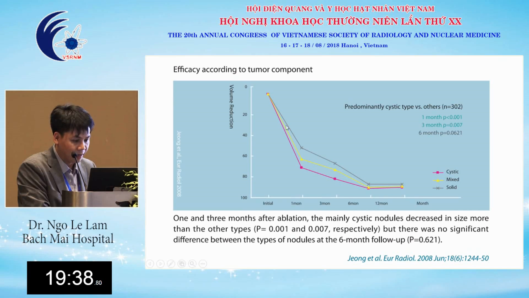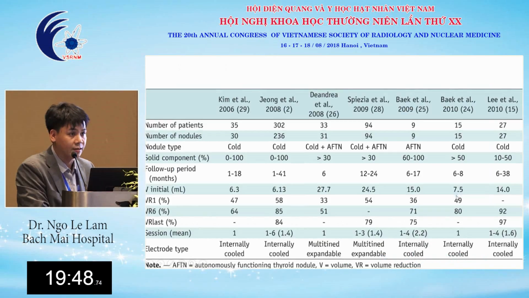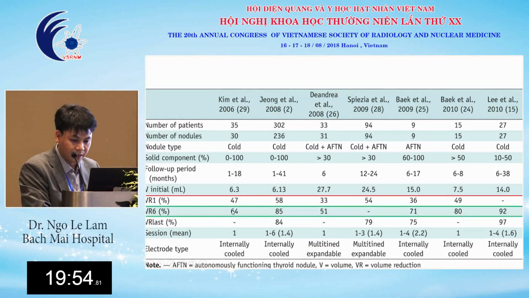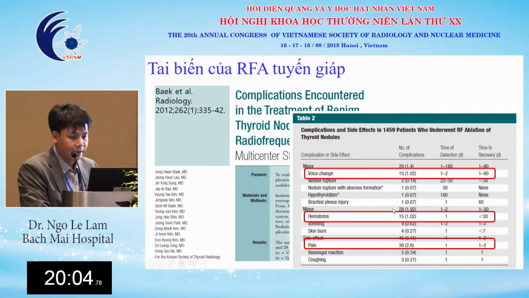We have 3 types of lesion: cystic, mixed, and solid. When you do the good indication and procedure, the lesion will be reduced gradually and normally significantly different after several months. Some other reports show almost all patients have the lesion reduced in size after several months.